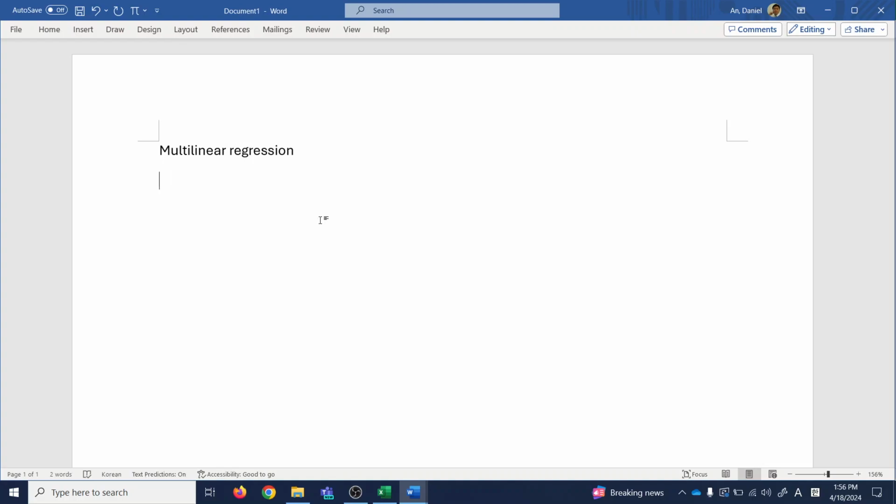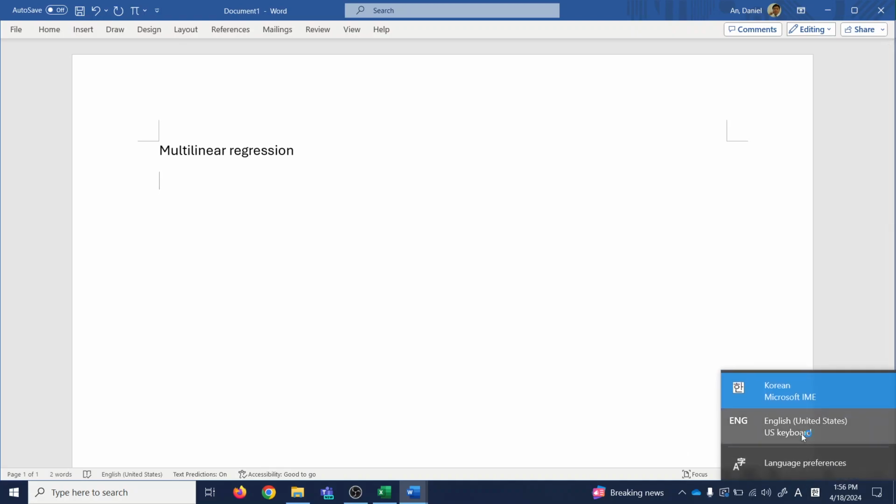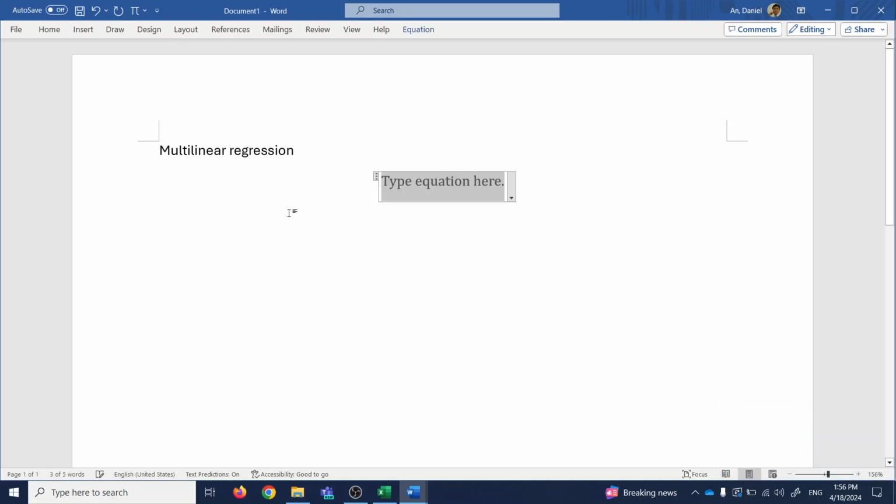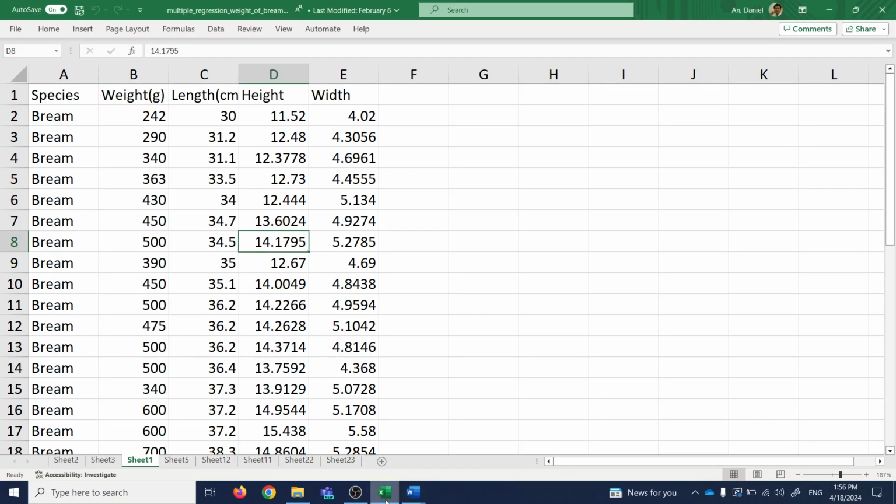And it works like this. You're trying to predict the value of y by using a bunch of x1, x2, x3, a bunch of predictor values. So let's say x1 is the length, x2 is the height, and x3 is the width.